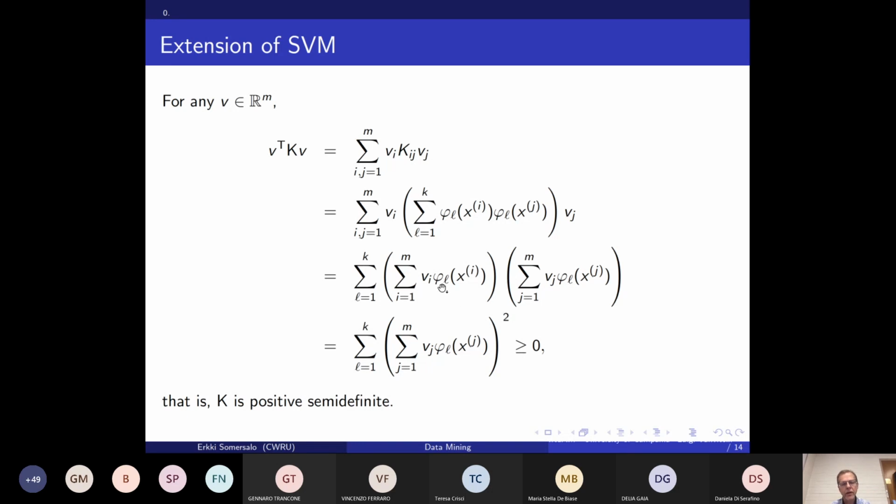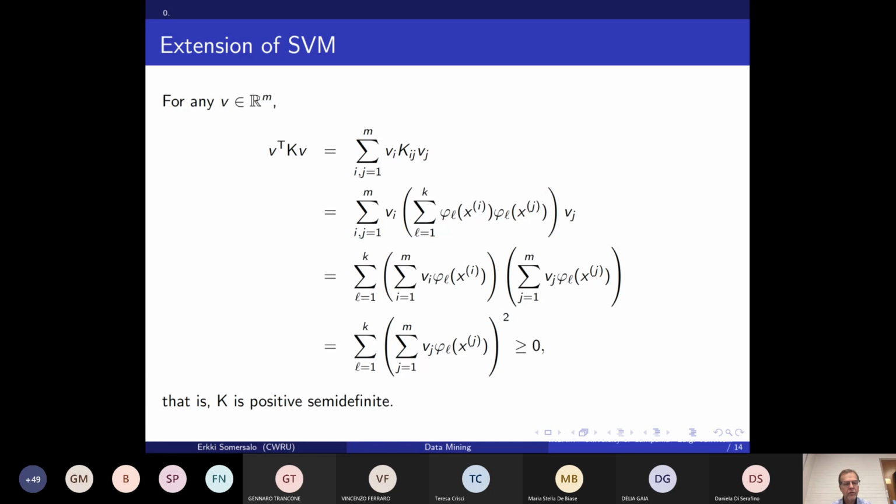So what I can do is replace my i in the first sum by j. Then you see that I have the same number multiplying itself, so this is a square. And so you see that my v transpose K v is a sum of squares of some numbers. Since squares of numbers are non-negative, the sum is also non-negative.